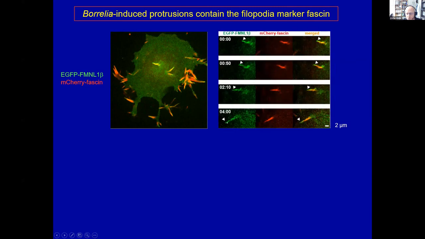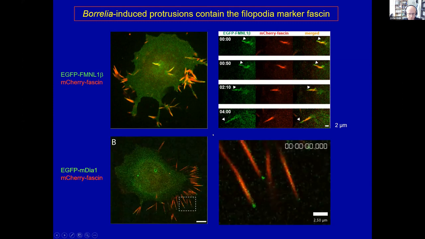So in contrast to this tip-like localization of mDia1, FMNL1 is actually localized throughout the whole body of the filopodium, which very nicely also coincides with its biochemical activities, which is not actin nucleation, but actually actin bundling. So it really results in a much stiffer filopodium that is able to extend and protrude very directionally.